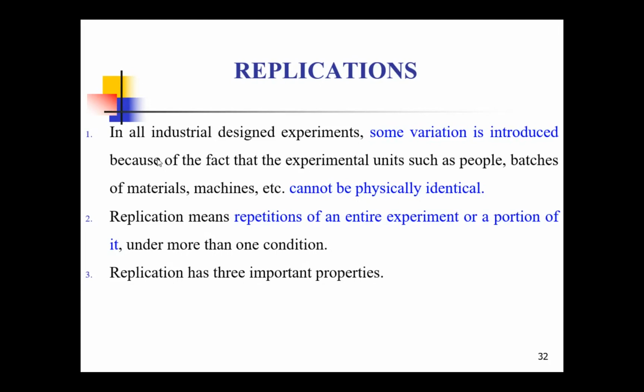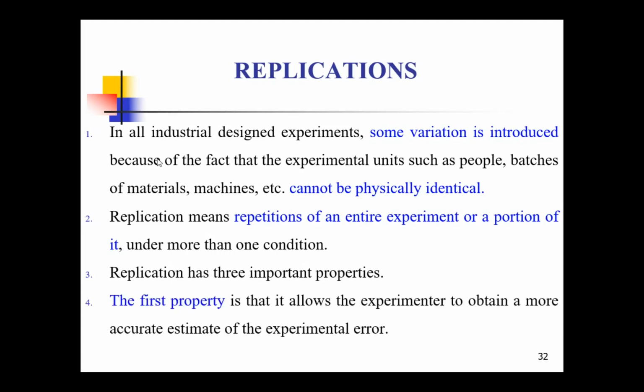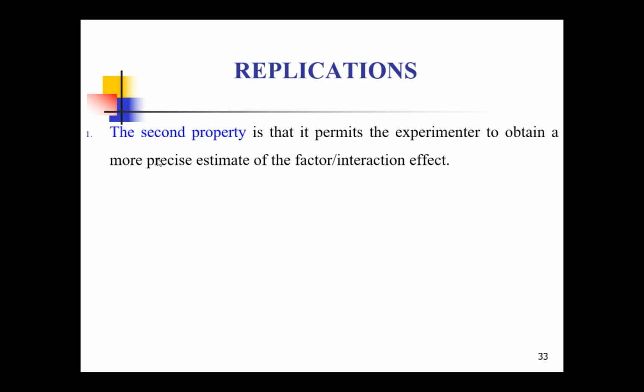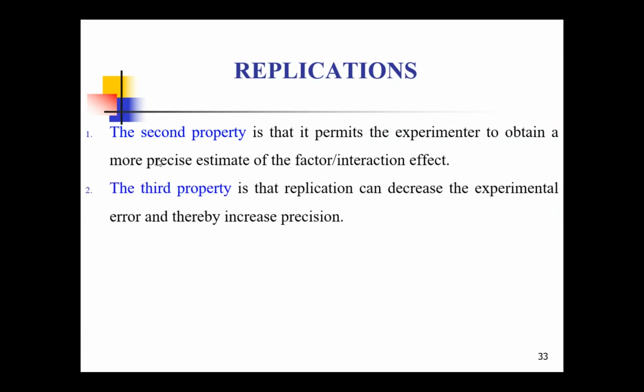Replications normally have three properties. The first property is to determine a more accurate estimate of the experimental error. Second, to determine the factor and interaction effects more precisely.